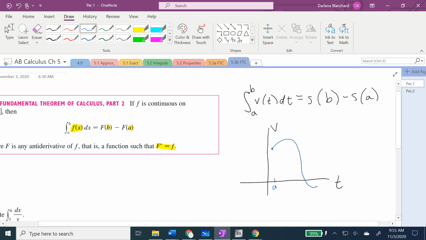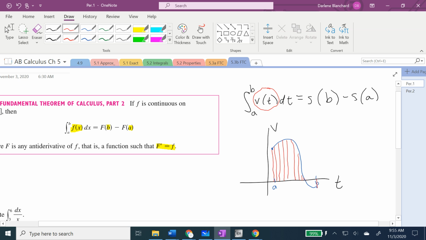Here's A and here's B. When I look at this as area, where velocity is positive, I am adding all of these velocity times time slivers.